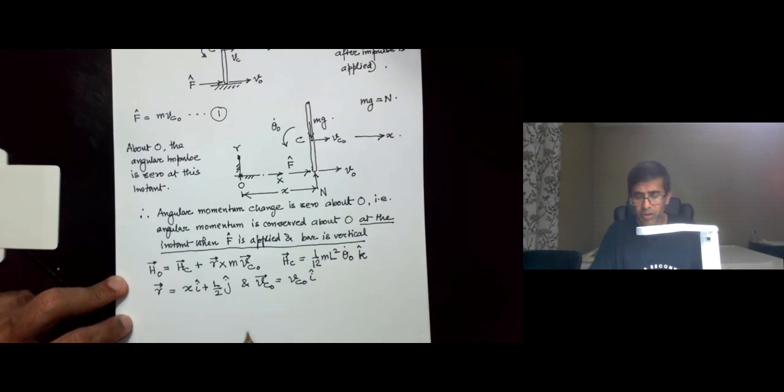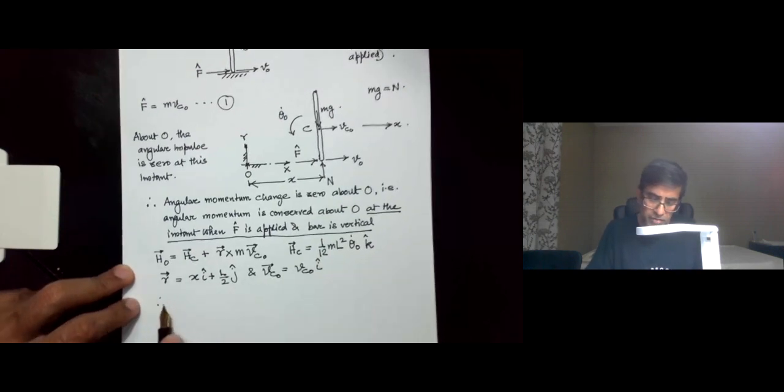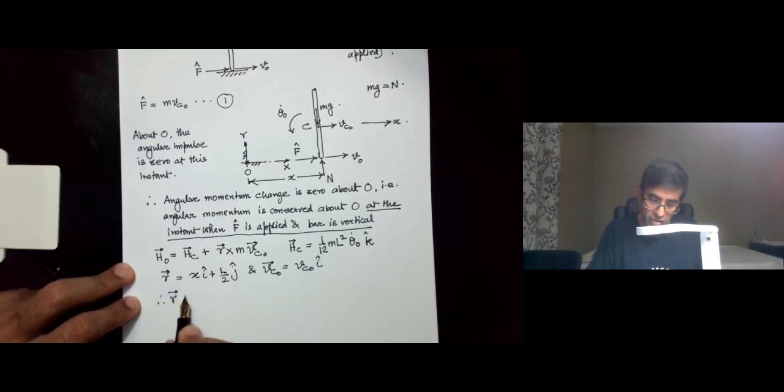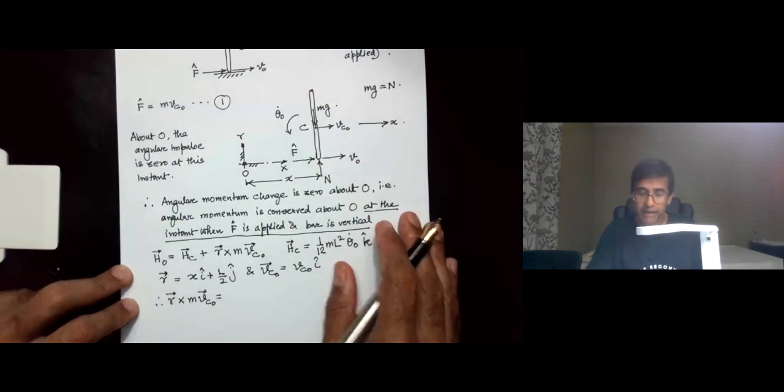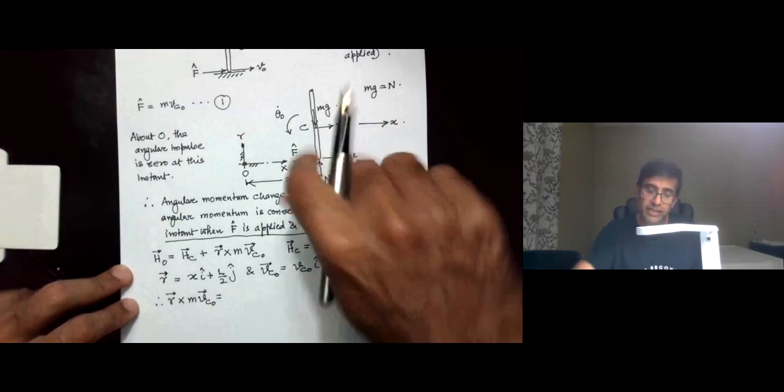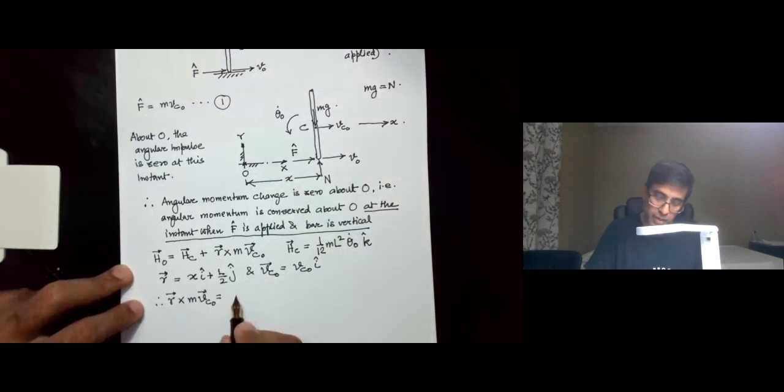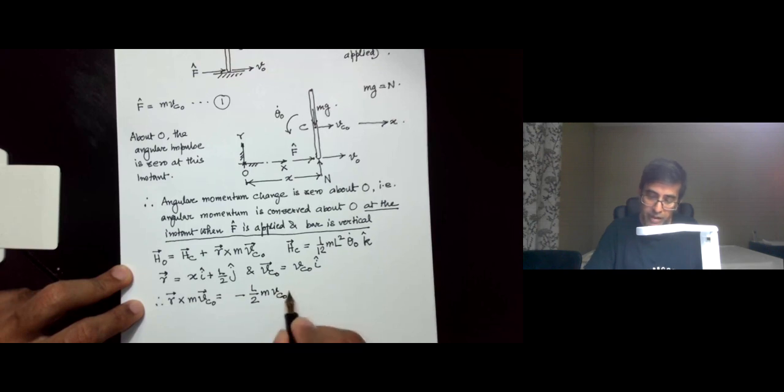If you do this cross product, you will get that R cross M V C O is essentially, as you can see from the diagram, this velocity producing a moment arm in the clockwise direction. So it is going to be minus L by 2 M V C O in the k direction.